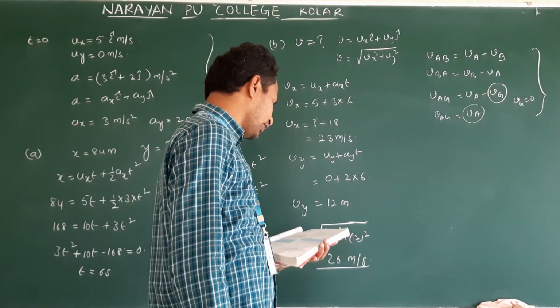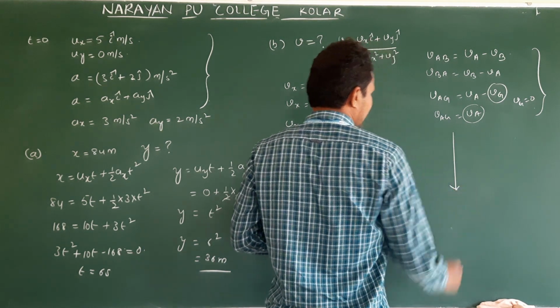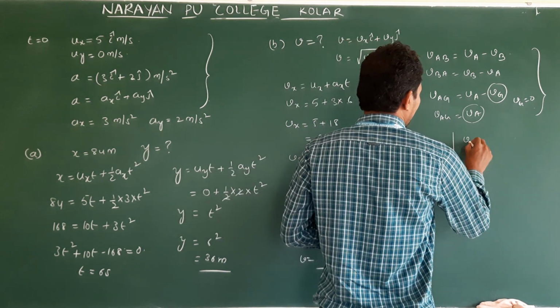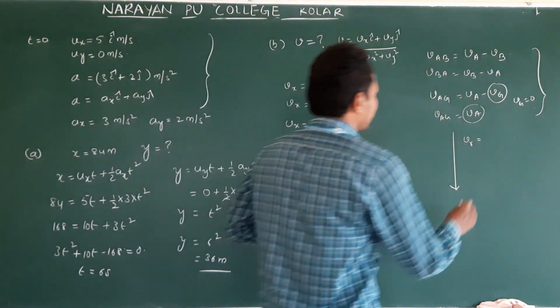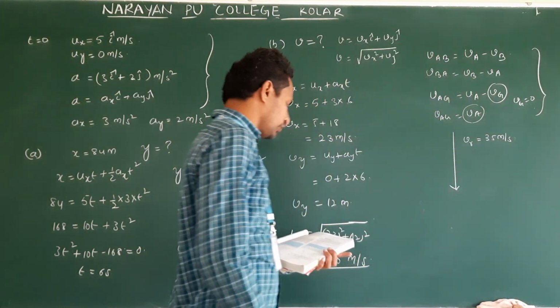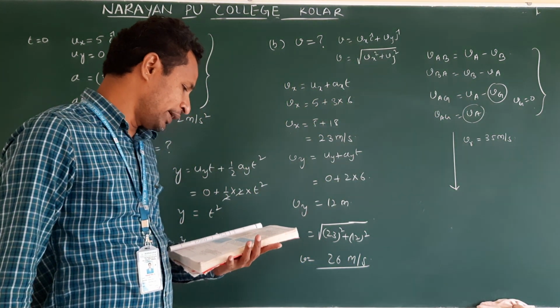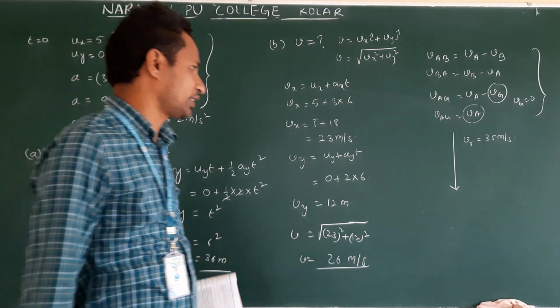So rain is falling vertically downwards like this. This is the velocity of rain. VR means velocity of rain. This is given as 35 meters per second.